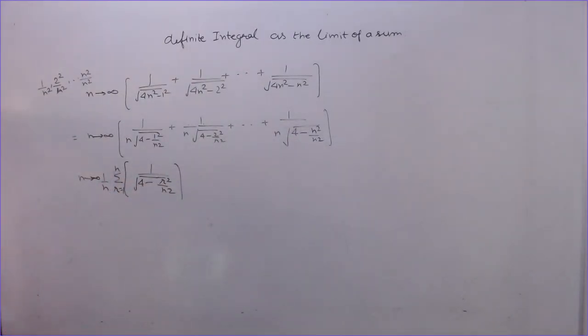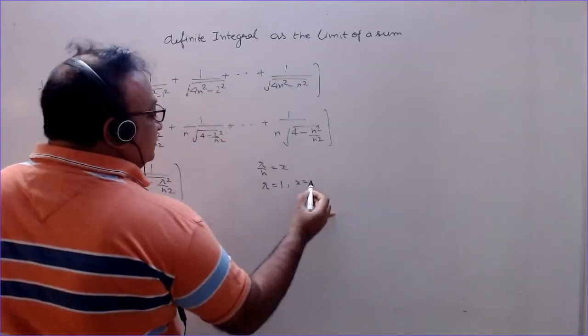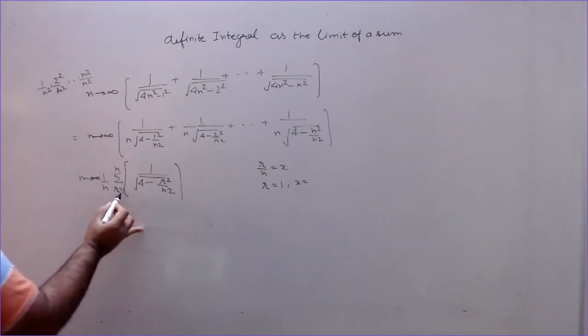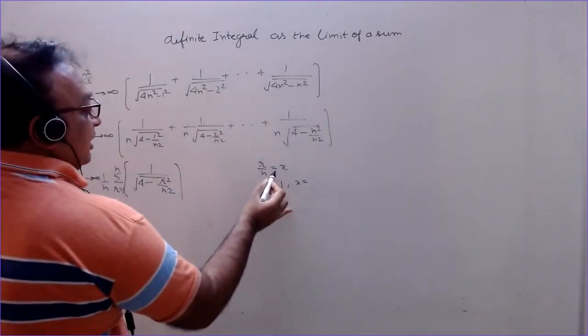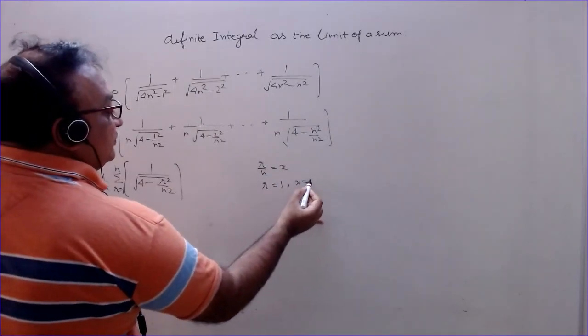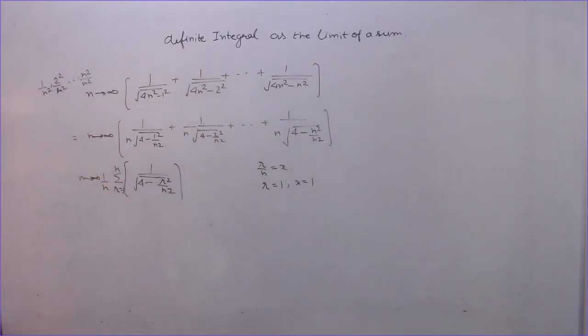So now this expression can also be written in the form of an integration. Starting from this, when r is equal to 1, we have x is r by n, n is starting from 1, so it is equal to 1.